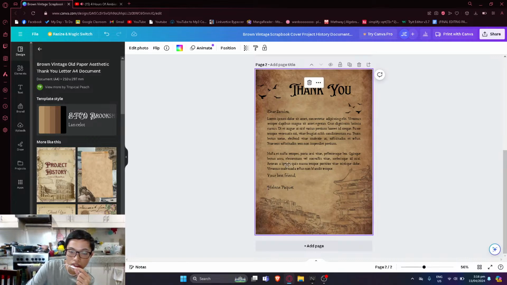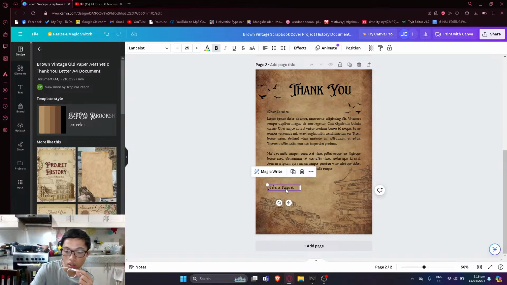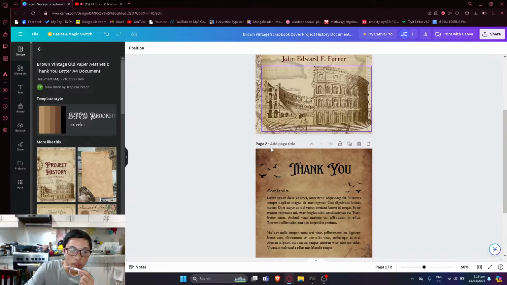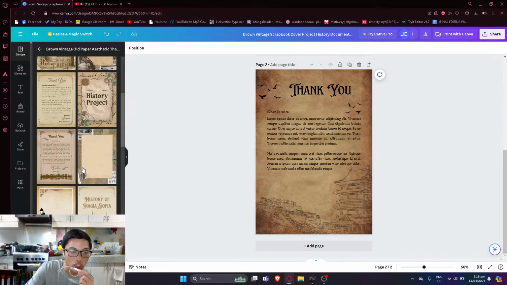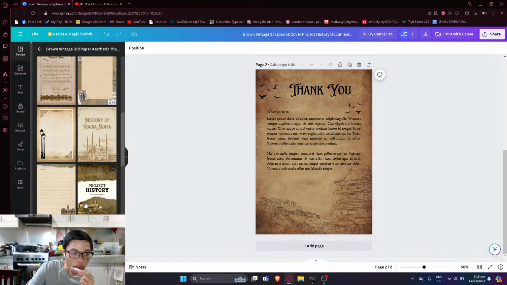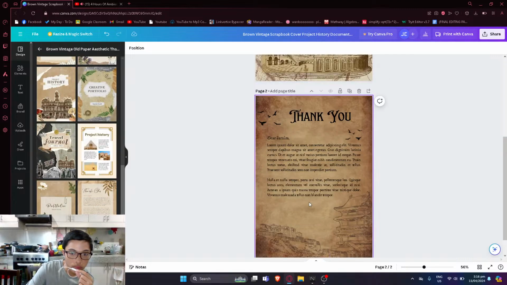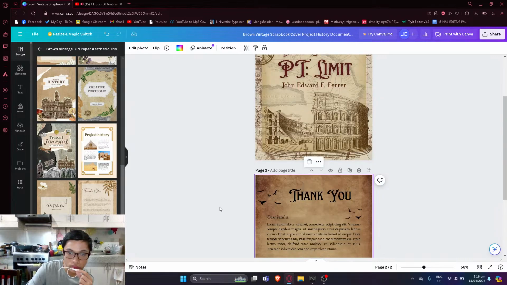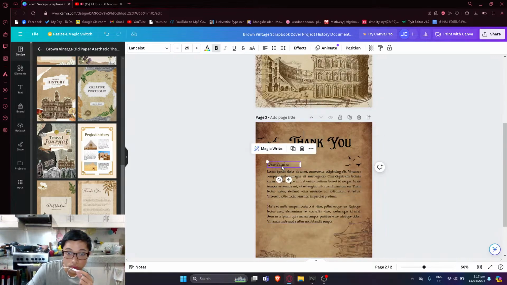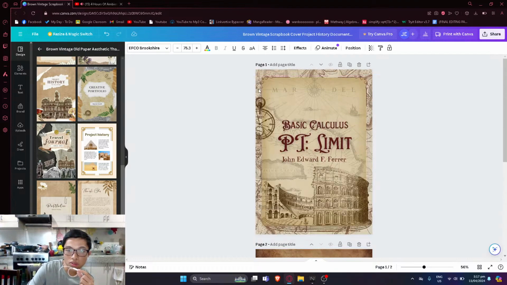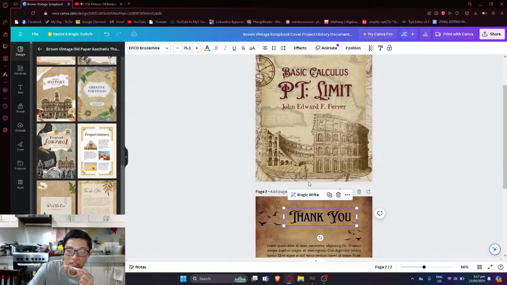Alright, so I've got here a template from Canva, and I am aiming to do good. But I think this is kind of off-putting, since the background here is kind of light.